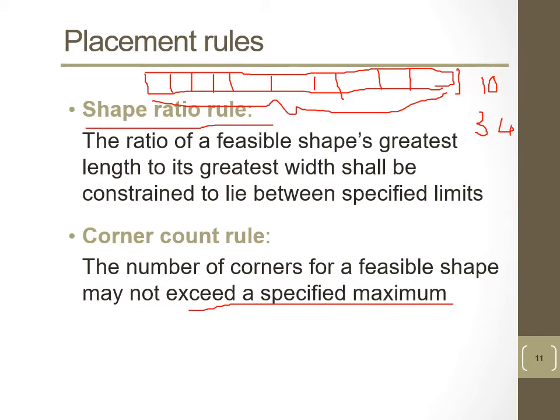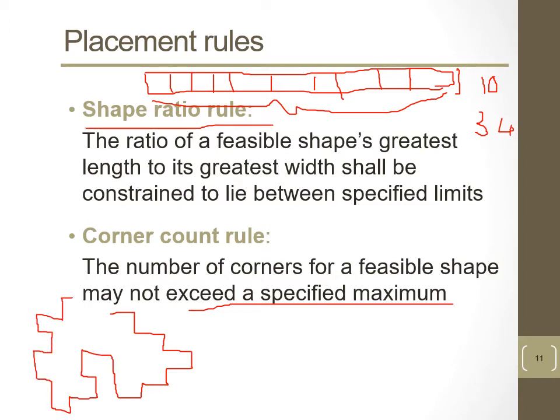This rule tries to avoid departmental shapes having such a structure. Let's assume that we have a department having one grid here, another grid, another grid, then another grid, another grid, then like this and like this. So this is the shape of the same department.